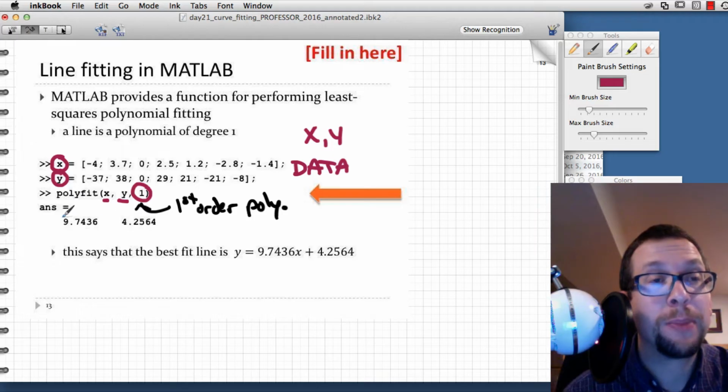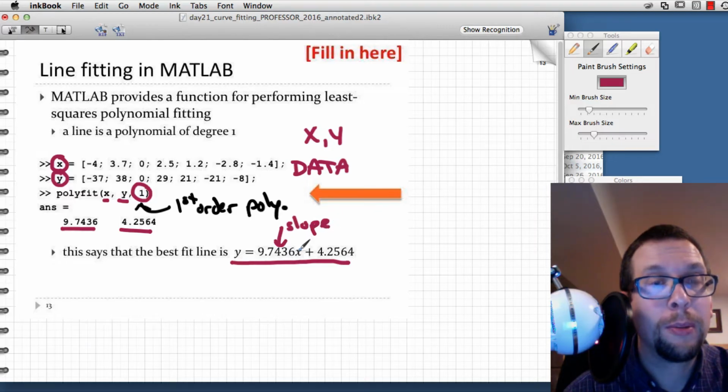We run this into polyfit in MATLAB, and effectively what you end up getting is two coefficients to describe the equation y is equal to slope multiplied by x plus 4.2564, which is the y-intercept. And so effectively you have your two coefficients applied to the equation. We now have an equation for a best fit line.